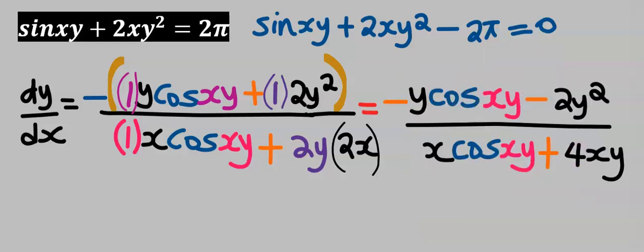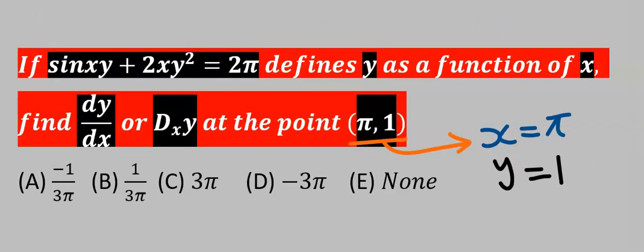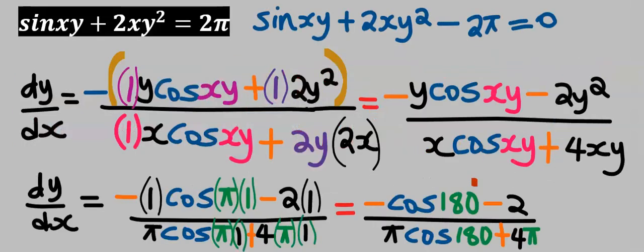Next, wherever I see x, I will put pi, and wherever I see y, I will put 1, respecting the condition from the given question. Next, cos 180 is -1 and cos 180 is -1.